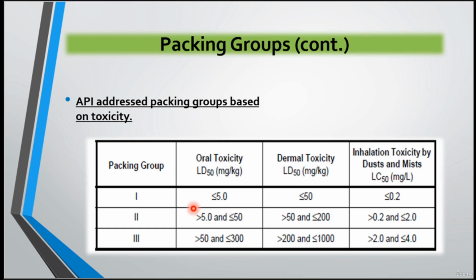Regarding dermal toxicity, it is less than or equal to 50 milligrams per kilogram. And regarding inhalation toxicity by dust and mist, it is less than or equal to 0.2 milligram per liter. Regarding the type of exposure, oral toxicity is through ingestion, for example, dermal toxicity is through skin contact, and inhalation toxicity is by inhaling the dust or vapor. So these are the classification values for group 1, group 2, or group 3.